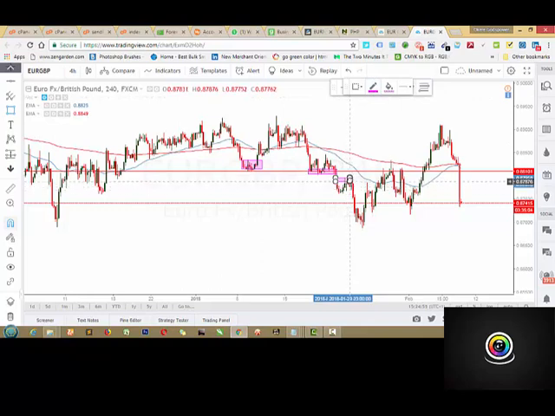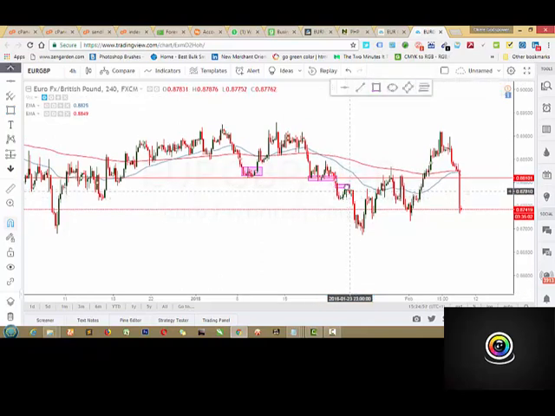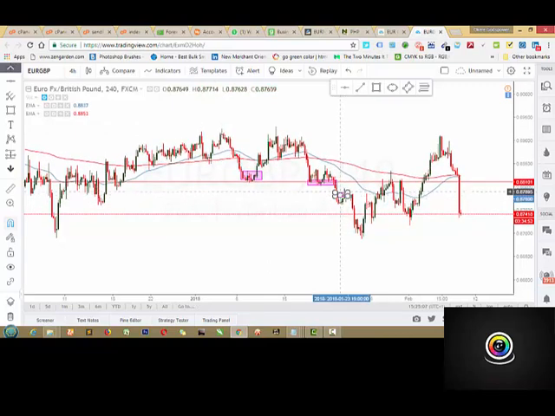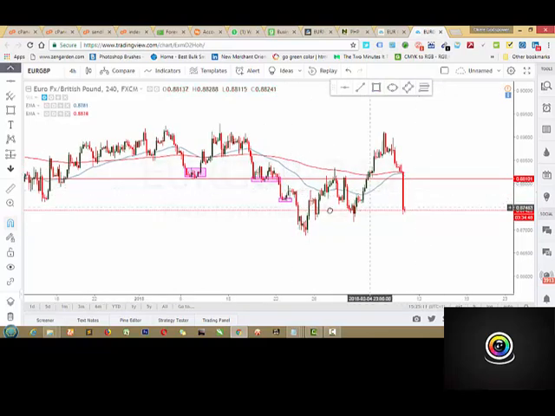We have a support here and there. I can see resistance in this region. We have resistance here. It's a zone, a key level to watch out for.